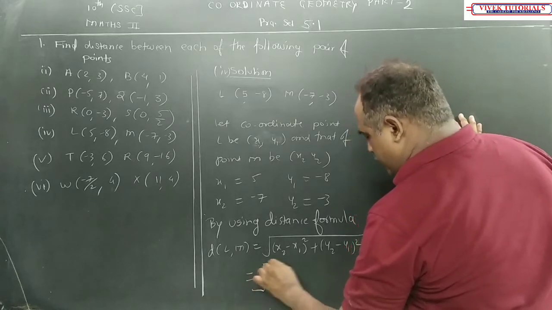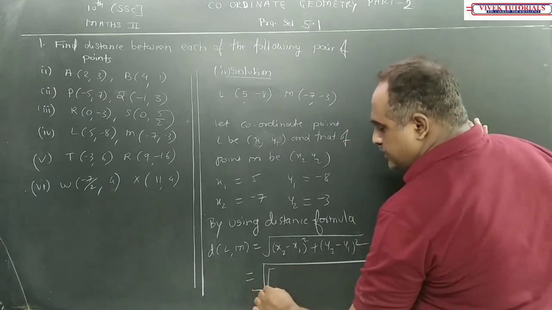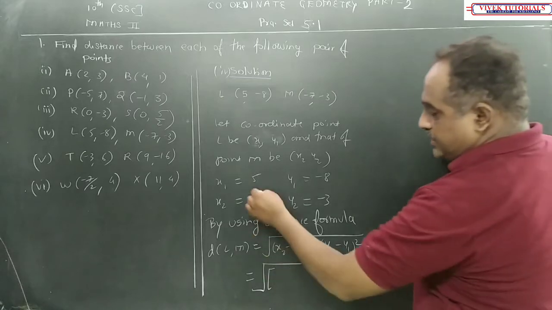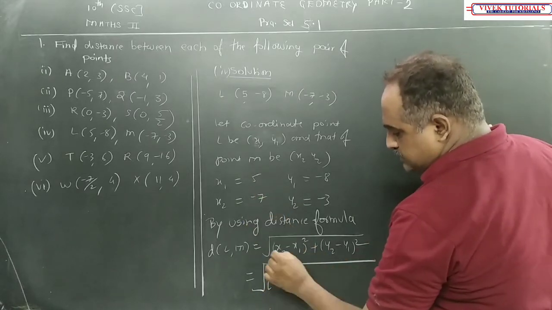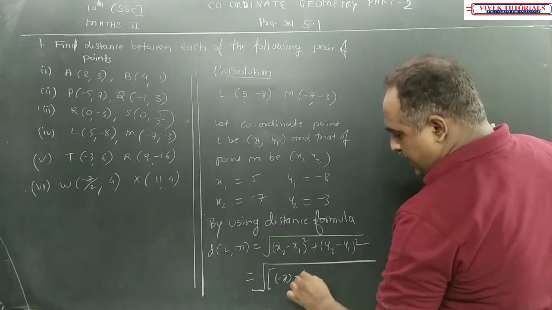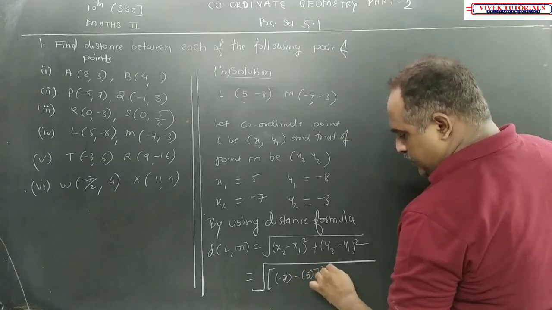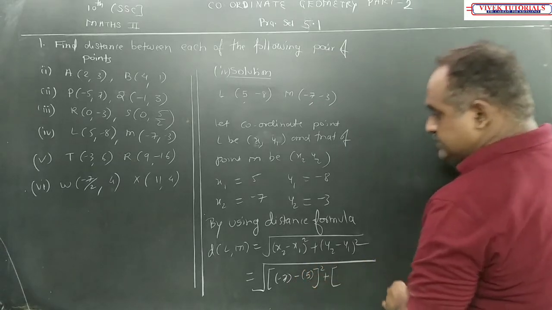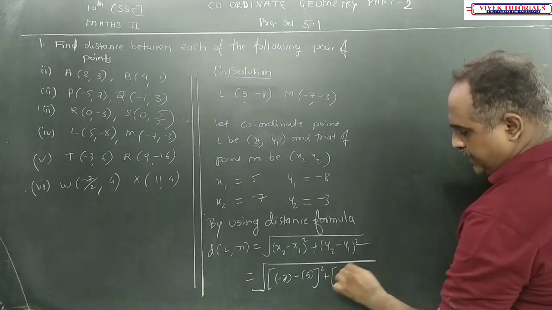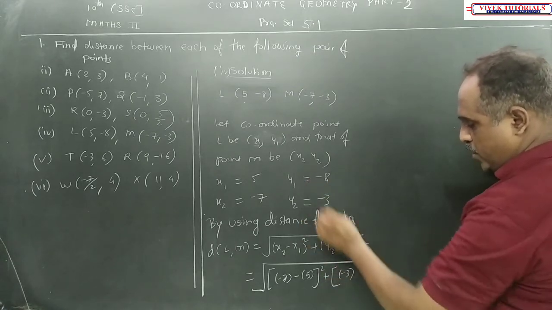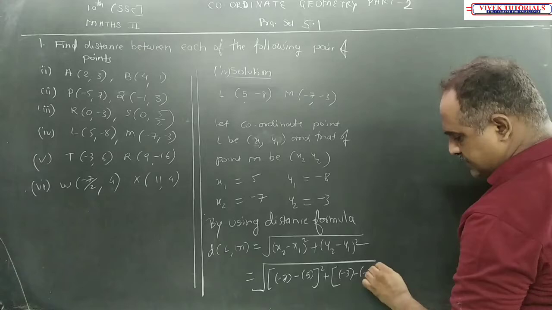That is equal to, please put a square box and then you substitute the values in small brackets, minus 7 minus 5 the whole square plus in bracket minus 3, that is y2, minus y1, which is minus 8.